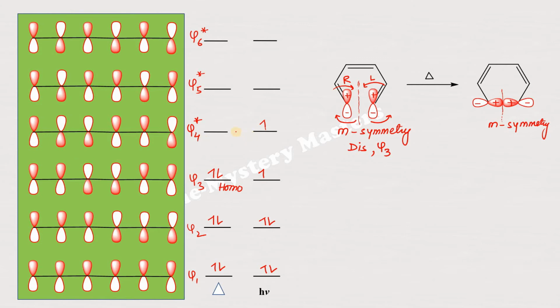That's why here the psi4 orbital will be our HOMO. And we already said that HOMO is one of the most important components for ring closing as well as ring opening electrocyclic reactions.